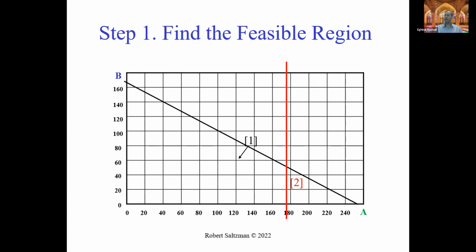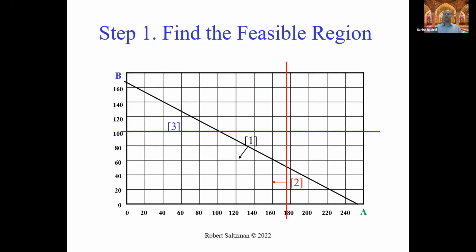Let's try 0 and 0. A is 0, so 4 multiplied by 0 is 0, and 0 is less than 700. So the left side of this is the feasible region. Now the common region is this common space between constraints 1 and 2.